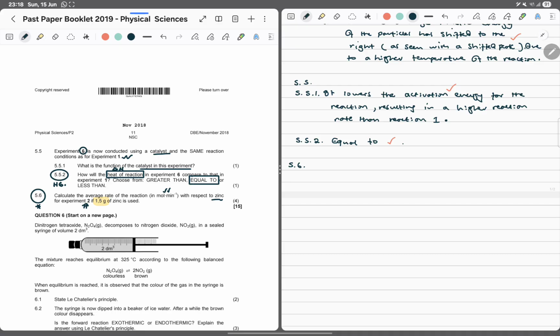So of course, we need the number of moles of zinc. So we can say number of moles of zinc is going to be mass over molar mass. So this is 1,5 divided by, by the way, what is the molar mass of zinc? It's 65.